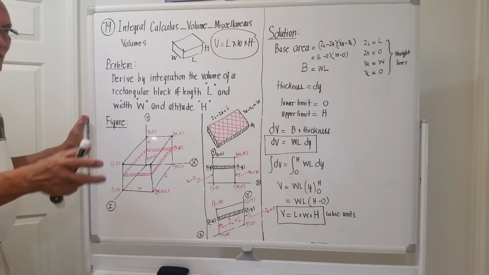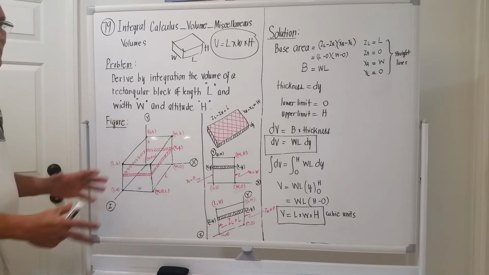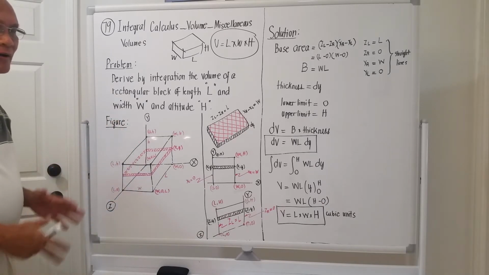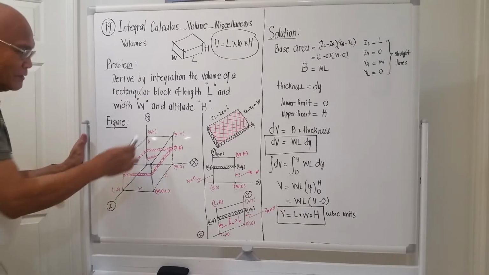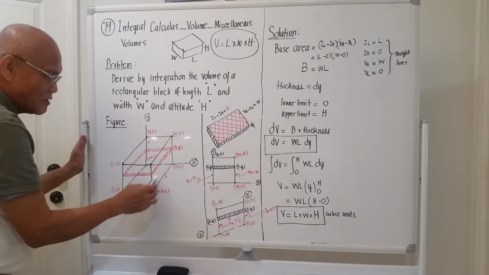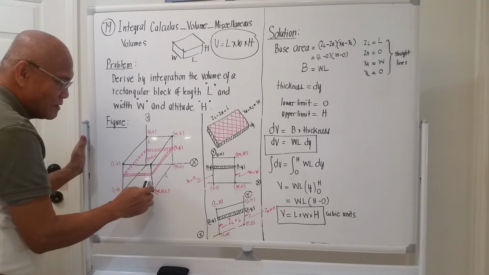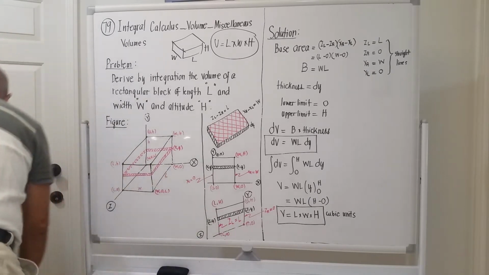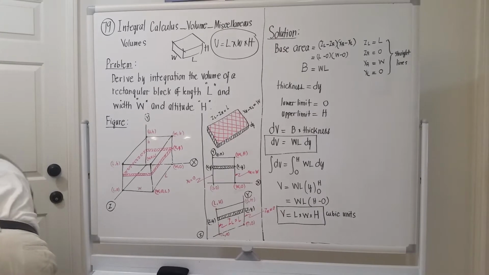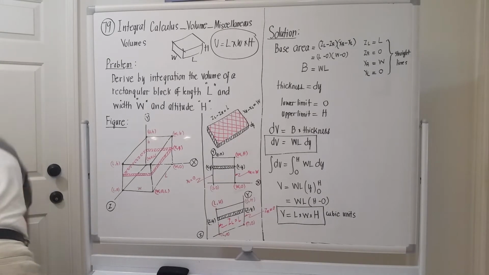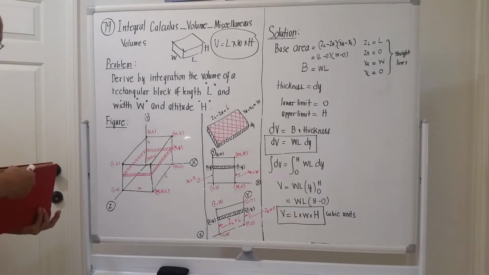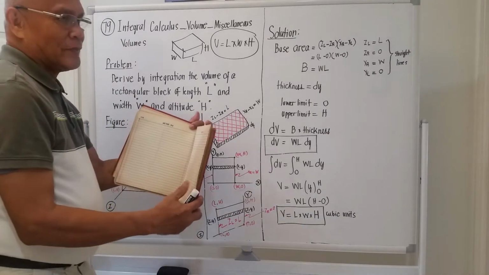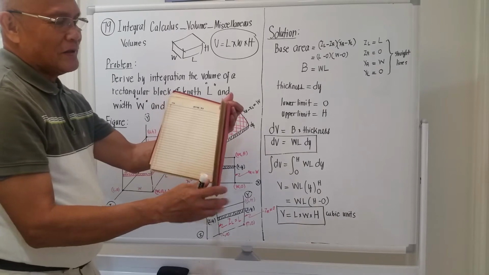We try to figure out the rectangular block on the X, Y, Z plane. We are now in space. This is the y-axis, x-axis, and this is the z-axis. Like what I have shown you yesterday, we are now on the XYZ plane.